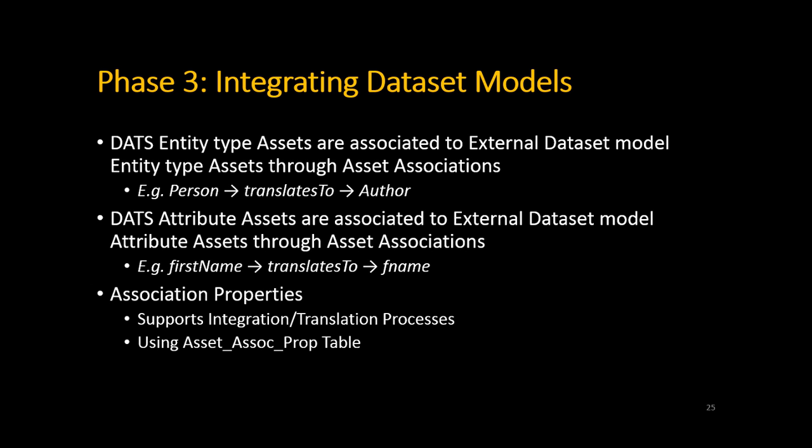The DAX model has a person entity type, I believe, and it could translate to or associate to, let's say, in the protein database, there's an author. So we can create all these mappings and associations in this phase, also using Excel templates as a tool.